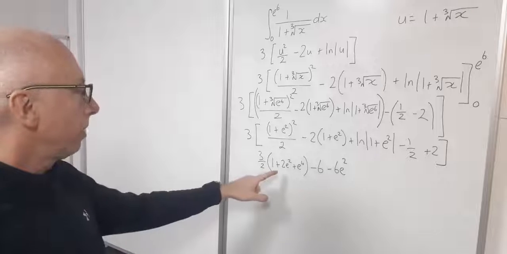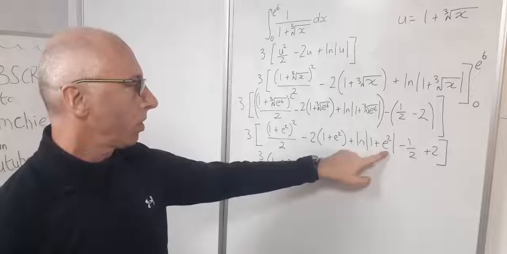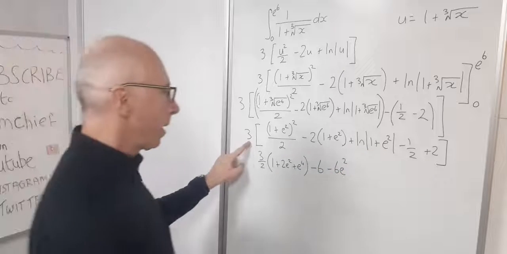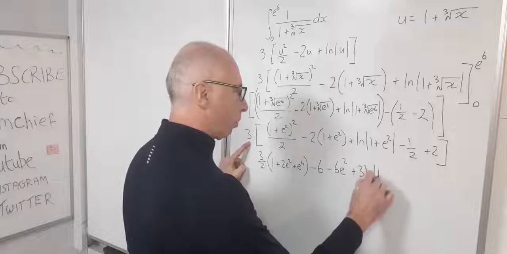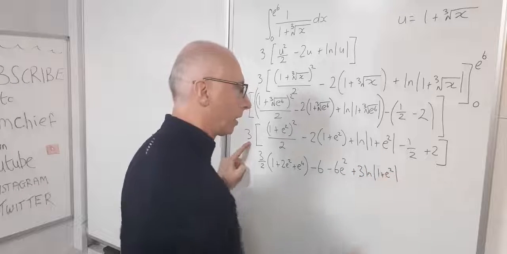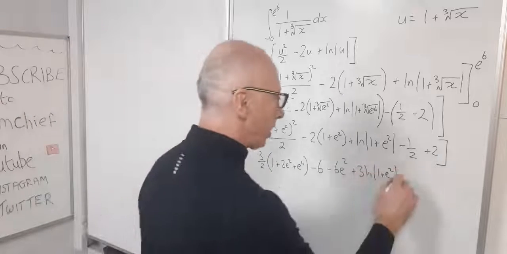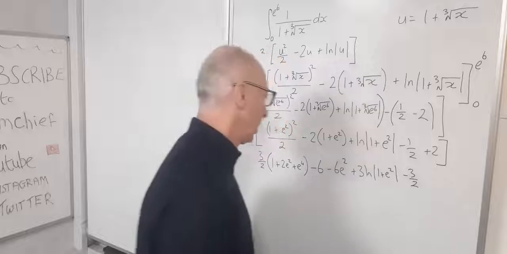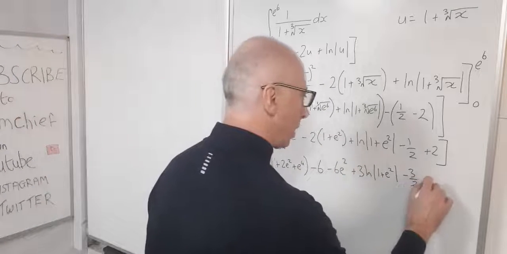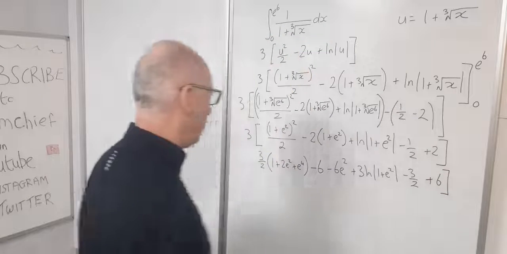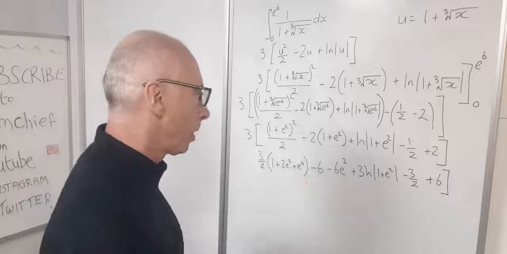Okay, now here we've got plus ln of 1 plus e squared, and that's going to be multiplied by 3. So that's plus 3 natural log 1 plus e squared. Now distribute the 3 with this one, that's minus 3 over 2. And then here, 3 times 2, that's 6, so that's plus 6. Let's see if we can go a little bit more and break this one up as well.